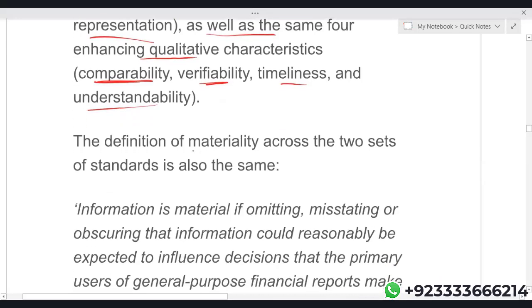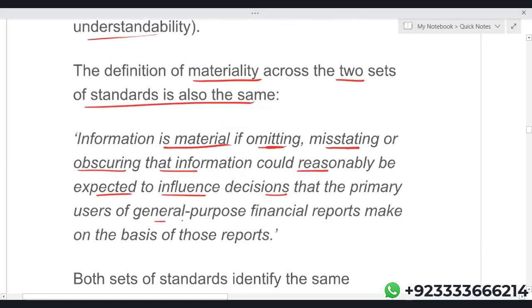The definition of materiality across the two sets of standards is also the same. We know that information is material if omitting, misstating, or obscuring that information could reasonably be expected to influence decisions that the primary users of general purpose financial statements make on the basis of those reports.